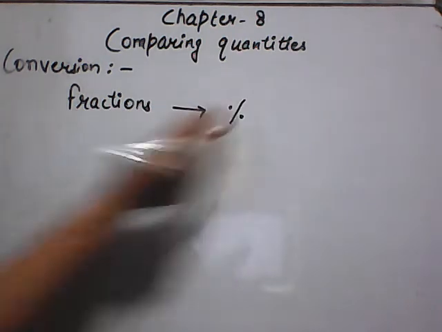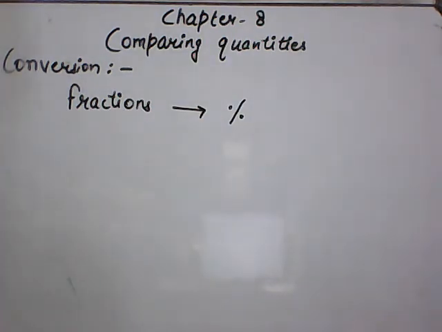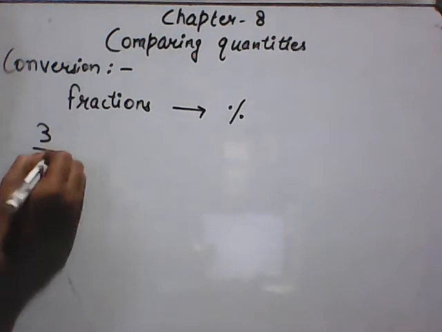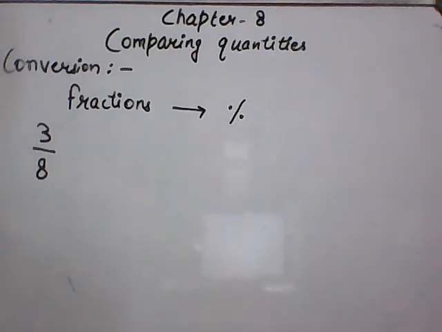Suppose a fraction is given to you and you have to convert it into a percentage. For example, suppose 3 by 8 is given to you. Then how can we convert it to a percentage?